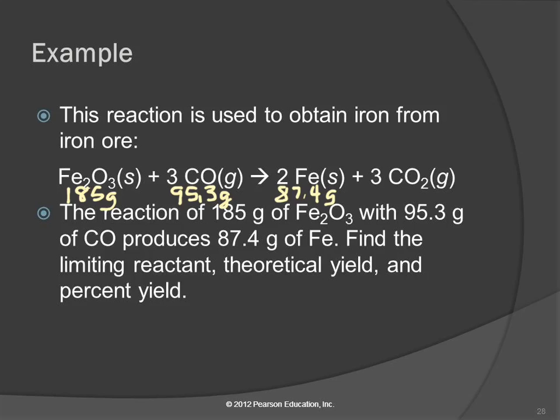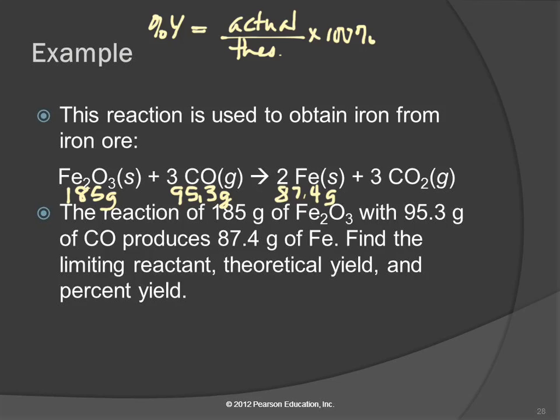They're asking for the limiting reactant, the theoretical yield, the percent yield. What's the percent yield? Percent yield equals the actual yield divided by the theoretical yield times 100. They had to give us the actual yield.